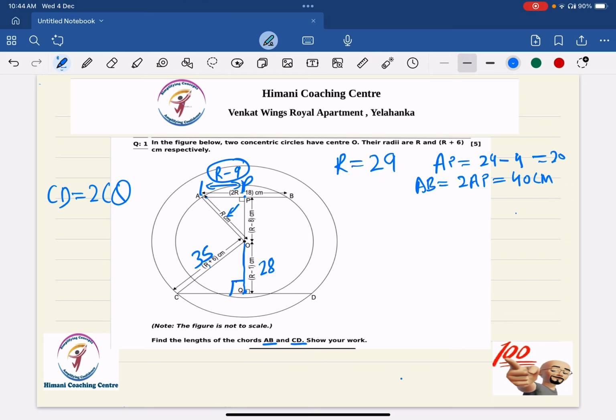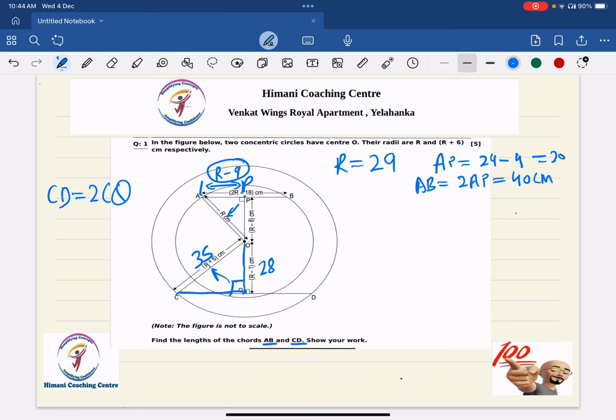Again, we are using Pythagoras theorem. So we have to find base. So base square is equal to hypotenuse square minus perpendicular square. So that is 35 square minus 28 square. We can just use a plus b into a minus b. Okay, that is always faster.